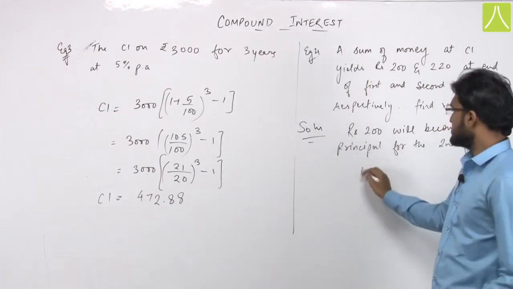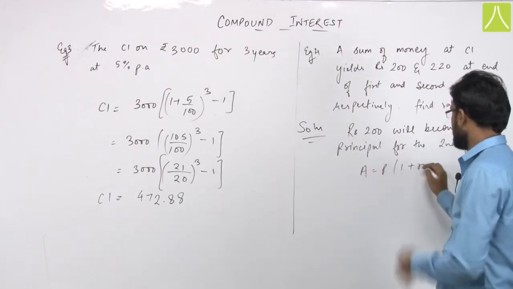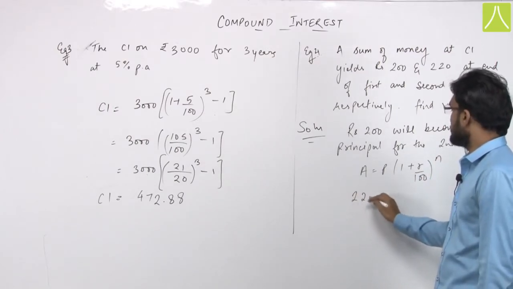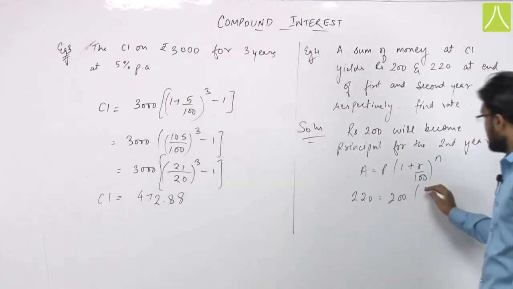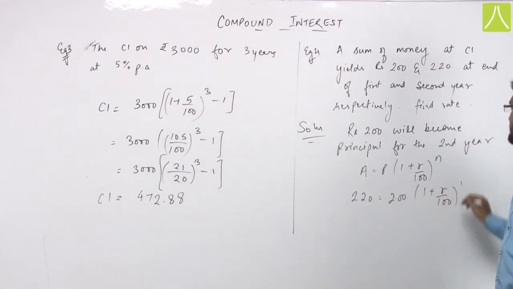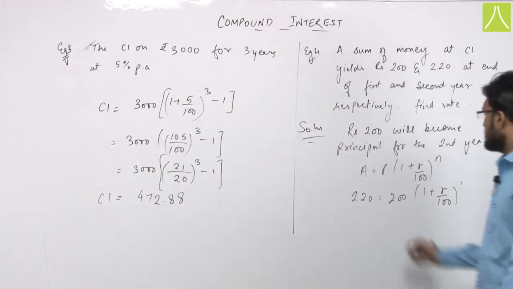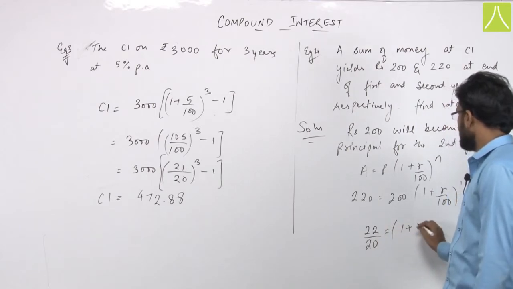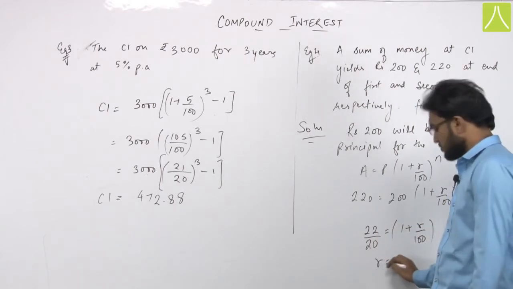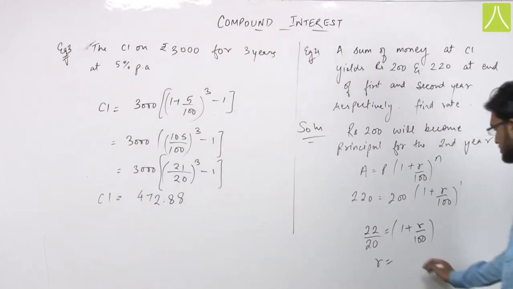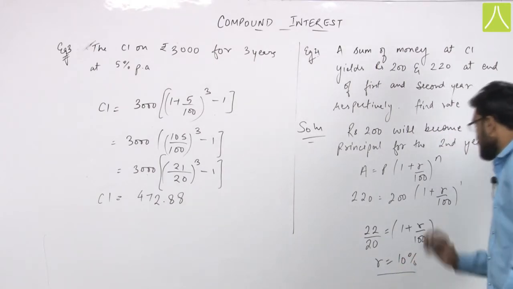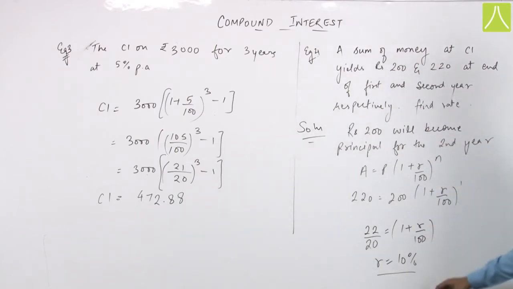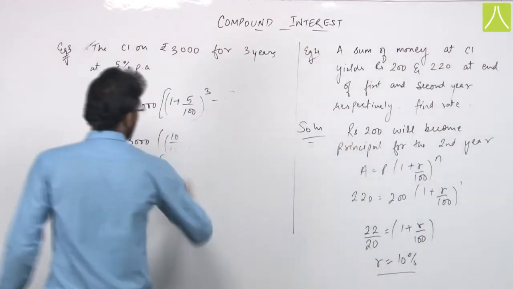Using the formula for the amount, which is equal to principal into (1 plus r upon 100) whole power n, the amount we have is 220, which is equal to 200 into (1 plus r upon 100) power 1, because we have to find for 1 year only. Solving this, we get 22 upon 20 equal to 1 plus r upon 100. Solving this equation, the rate percent will be 10%. Hence the rate over here will be 10%, and we didn't use the formula for both the years, we directly solved it.